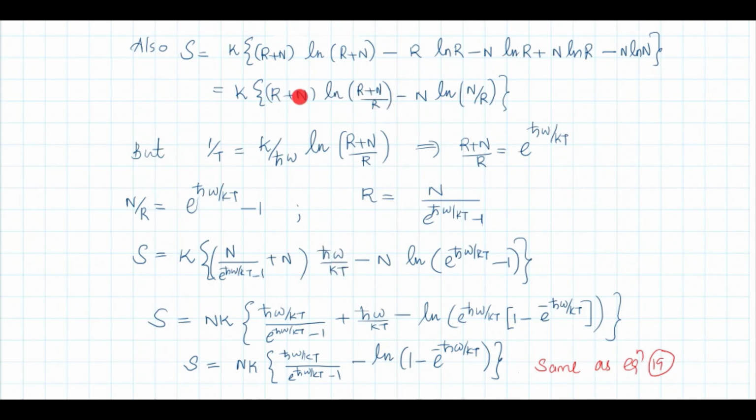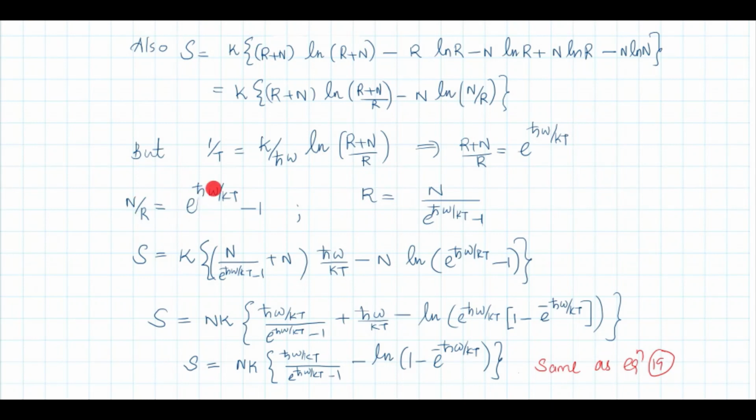But what is r plus n? You can write ħω by kT as log (r + n) by r, or (r + n) by r is e raised to ħω by kT, or 1 + n by r is e raised to ħω by kT, or n by r is e raised to ħω by kT minus 1. That will give me r is equal to n by (e raised to ħω by kT − 1). So substitute for this r, this value, (r + n) log (r + n) by r is ħω by kT, minus n log n by r.